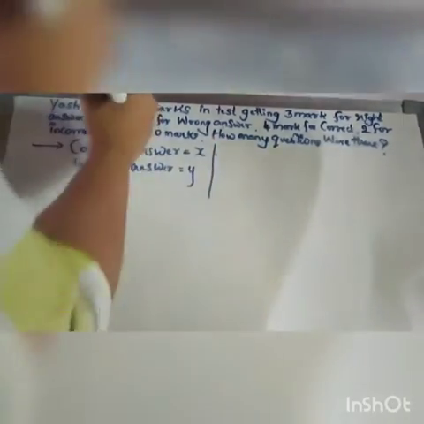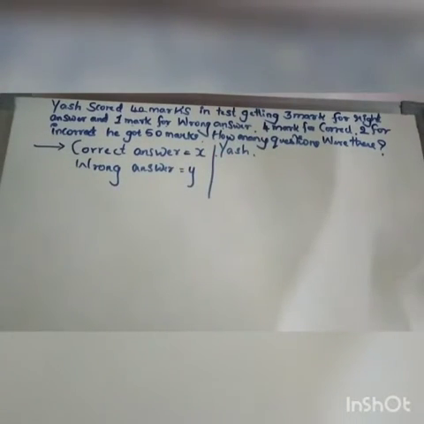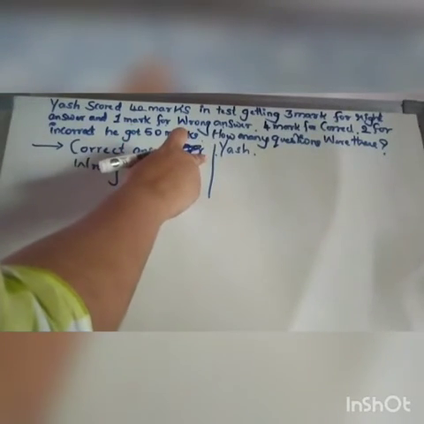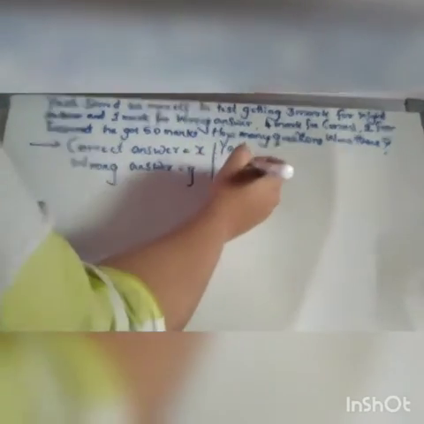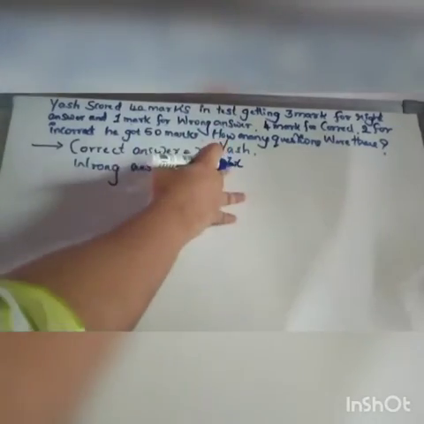So we'll go with the first one, Yash. He got 40 marks for 3 marks per correct answer. So how many marks do we have? That is 3X for the correct answers.